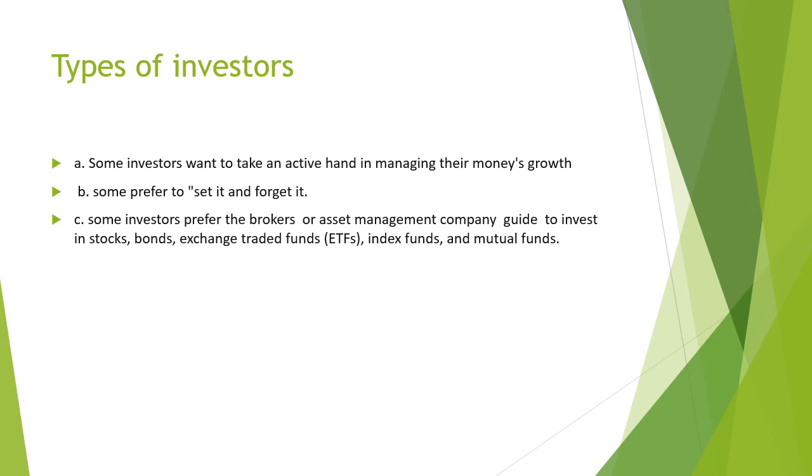We hope that you can create a skill of better investment. I already explained the different types of investors. Some investors want to take an active hand in managing their money growth. Some people individually do their investment and research, and they have a proper interest in investment. They read business newspapers like Economic Times and Business Line, understand the investment scenario, understand which stock is good, and invest accordingly.